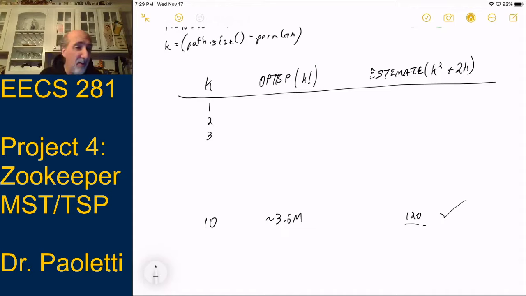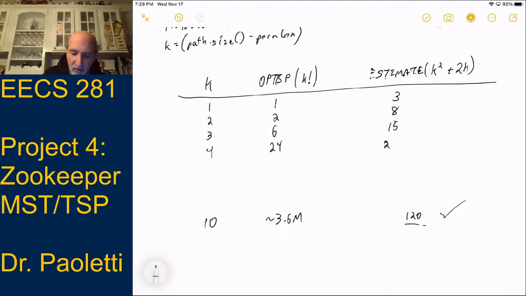Now let's look at the other end of the scale, when k is small. Finishing OPTSP, there's only one thing left to do, but the estimate would cost me 3. 2 factorial is 2, but this is 8. 3 factorial is 6, but this is 15. If k is 4, this is 24.